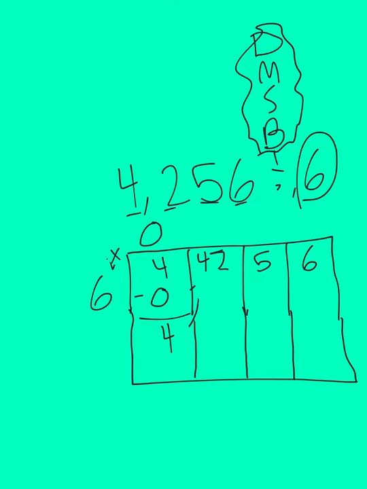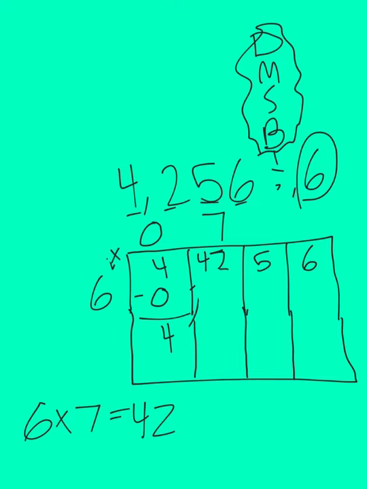Now we go back to the beginning of our 4 steps, the D, which is divide. So now we have to divide 42 by 6. If you know your math facts, we know that 6 times 7 equals 42. So 42 divided by 6 is 7, and we write that answer up here on top.